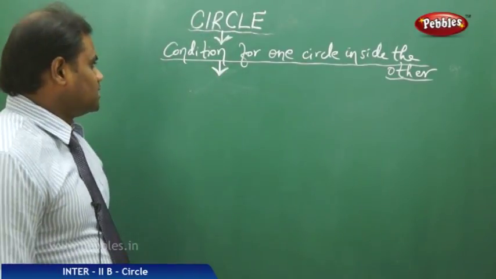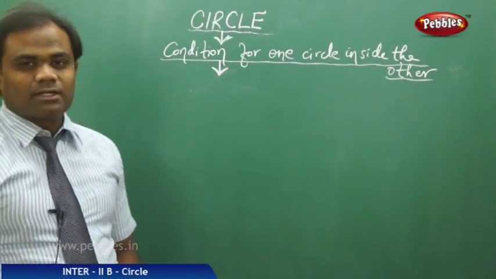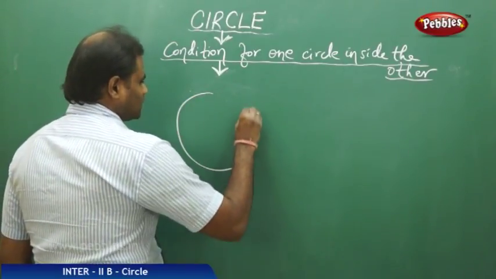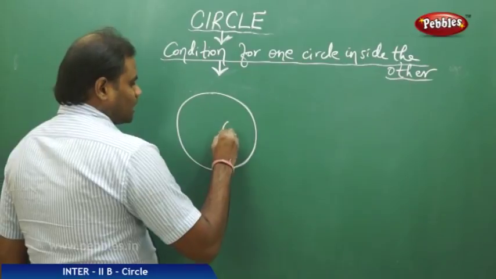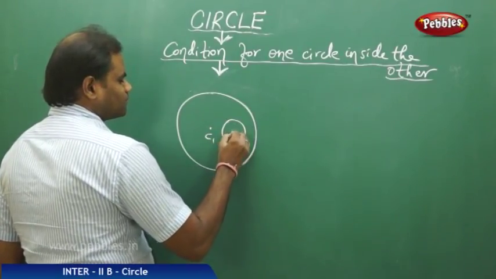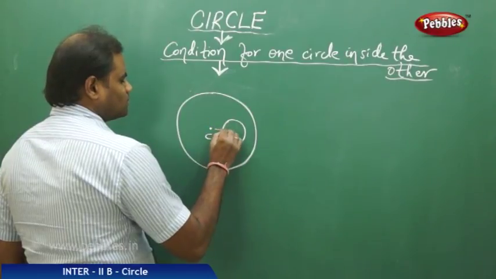Now the next case is the condition for one circle inside the other, that is, if I have a whole circle which is inside the other circle, say like this, with center C1 and center C2.